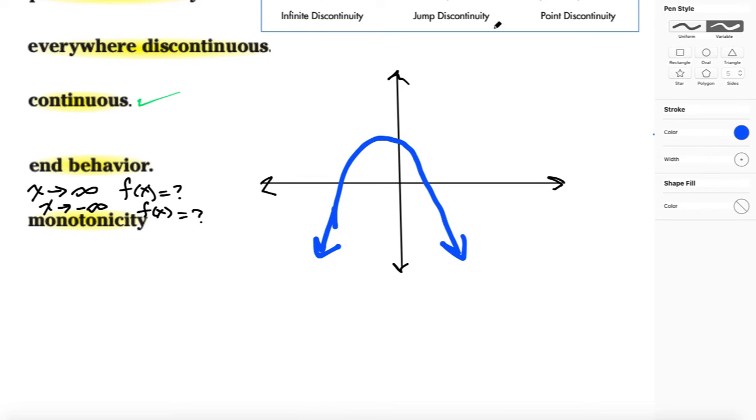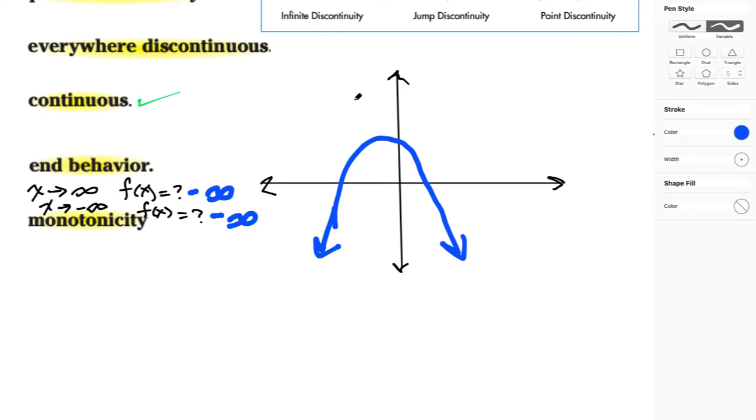So the answer would be negative infinity: as x approaches infinity, f of x is approaching negative infinity, and as x approaches negative infinity, so now I'm thinking about these values back here, f of x also approaches negative infinity. So that's the end behavior.